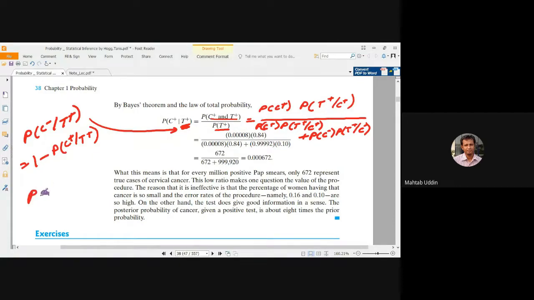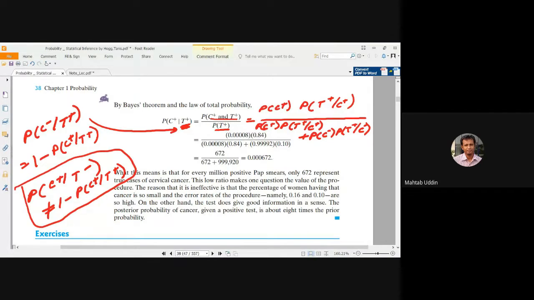But if there is a different base, like C plus, where the base is now changed, can you write this now? No, sir. You cannot write 1 minus P of C plus under T plus, because the base cannot be changed, so it's wrong. It's correct, but this is wrong.